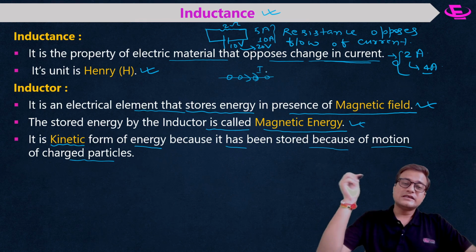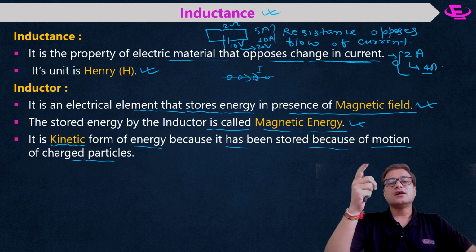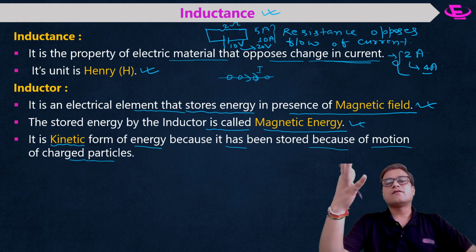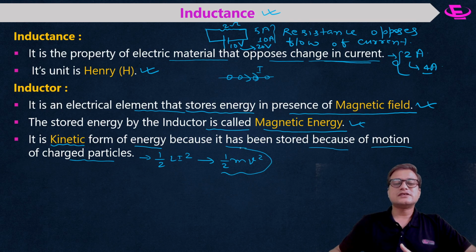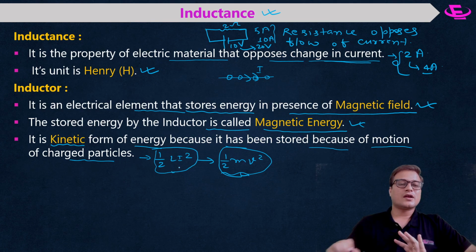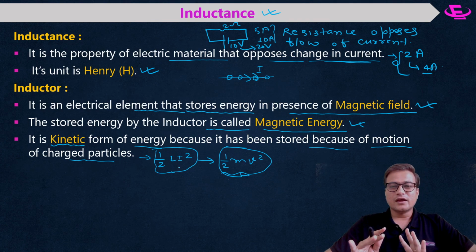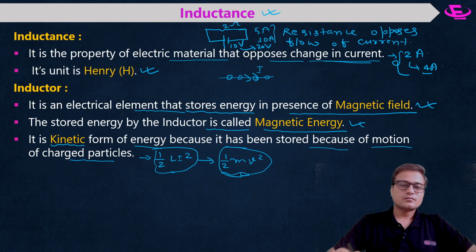Since this energy is because of current, we are saying it is a kinetic form of energy. Later on we will derive the formula. Right now you can note this formula, 1 by 2 L i square, and it is similar to 1 by 2 m v square. This was the kinetic energy which you studied in physics. Clear? This is 1 by 2 L i square, the energy stored by an inductor.